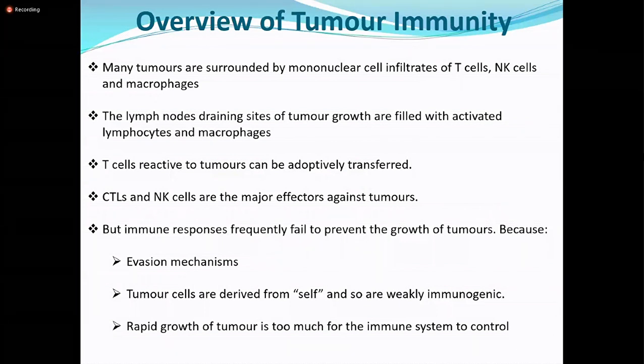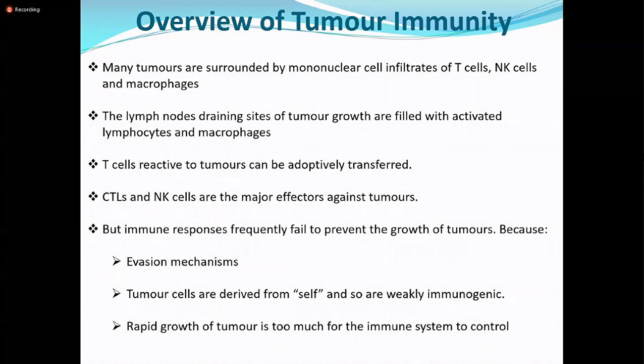When you go into the clinic suspected of having a tumor, one of the first things the clinician will do is check your lymph nodes to see if there's any swelling, which could indicate that you could be starting to have metastasis, or there is immune activity going on in the draining lymph nodes to deal with that localized tumor.